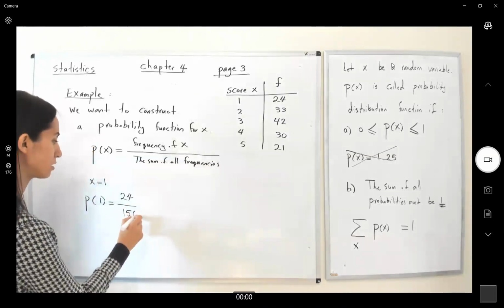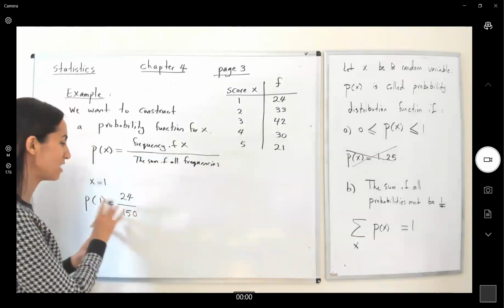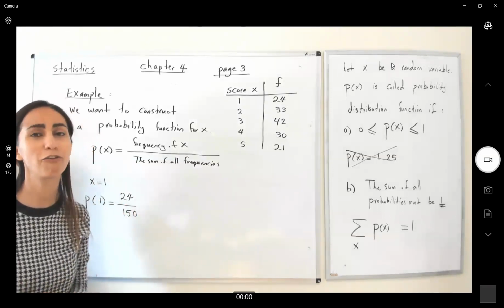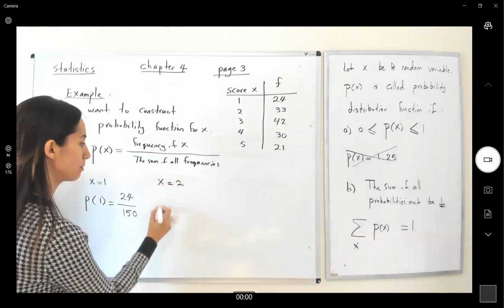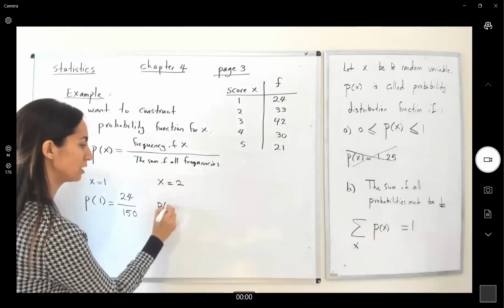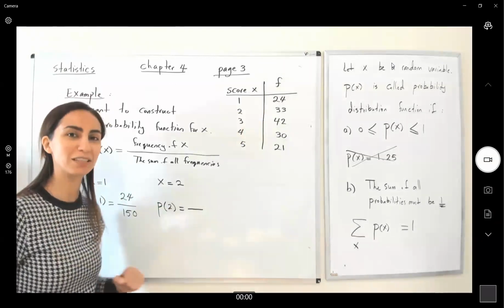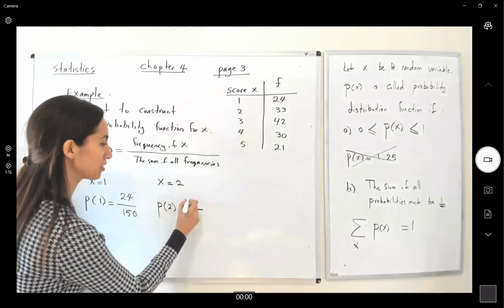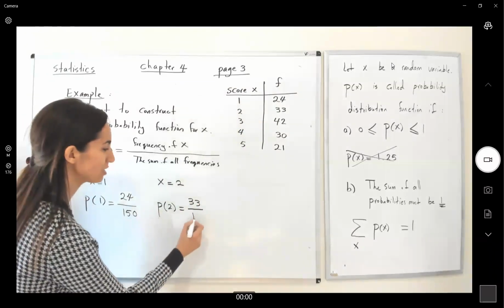This is your first probability function, and this is the value assigned to that function. If x is equal to 2, probability of getting score 2 is a fraction. On the numerator, you get the frequency, which is 33. On the denominator, how many employees do you have? 150.